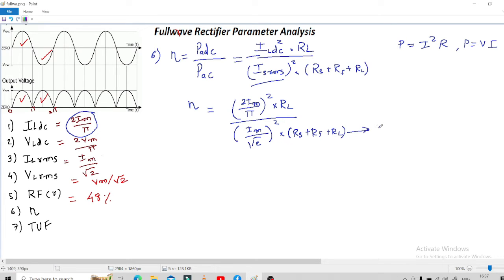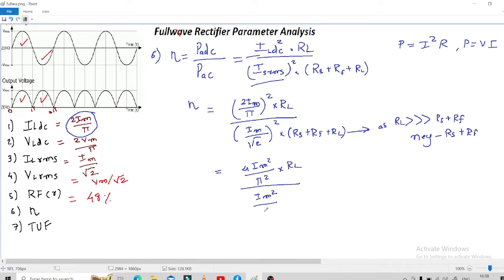Here, as RL is very much greater than RS plus RF, we can neglect RS plus RF. Okay, so in short, we can write this as 4 Im square upon pi square into RL, whole divided by Im square upon 2 into RL. So what happens over here, the RL also gets cancelled.